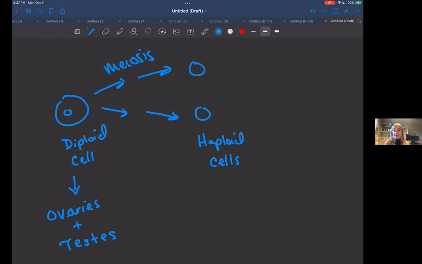So those diploid cells are very special in that they are sometimes referred to as germline cells. So this is a germline cell because it could potentially pass its genetic information up into an offspring. And that's the only place where meiosis occurs in our body, whereas mitosis occurs in many different areas.